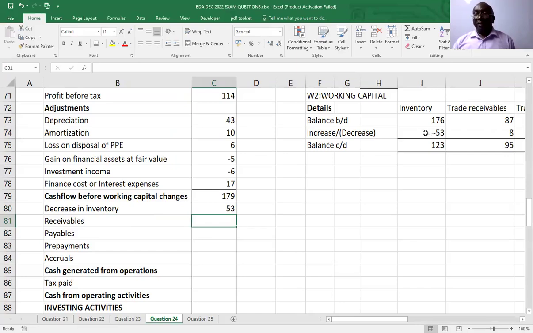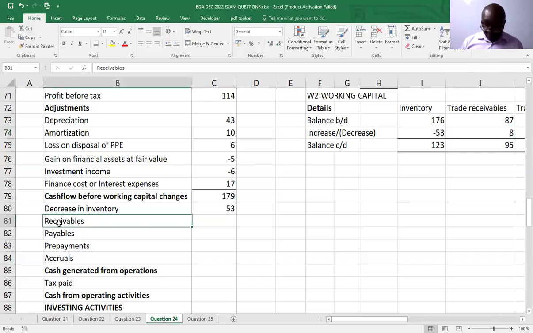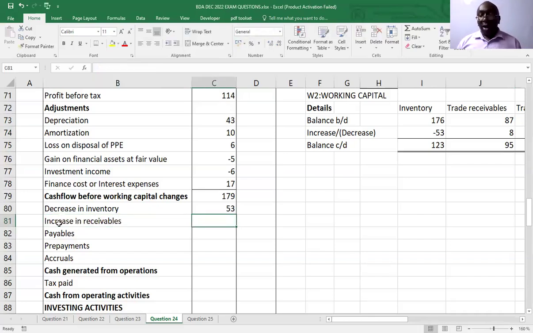Okay, look at the receivables. This 8, is it an increase or a decrease? Yeah, it's an increase. Good. So I can come here and say increase in receivables. Now, when receivables increase, is that money coming in or going out?